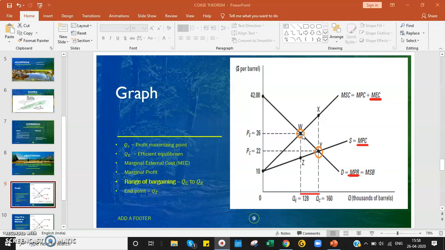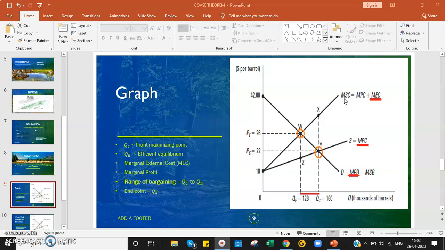Now here we see that there are two types of costs in the same graph. The first one is marginal private cost and the second is marginal social cost. The difference between marginal private cost and marginal social cost is the marginal external cost.